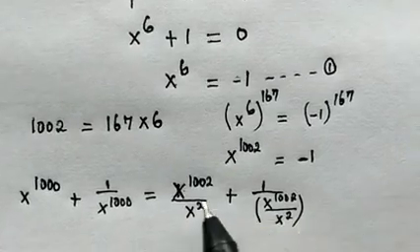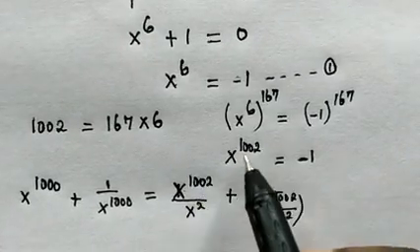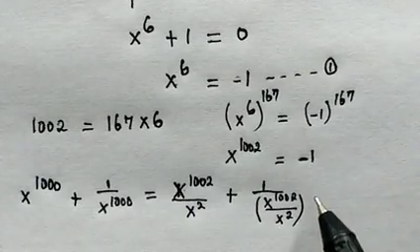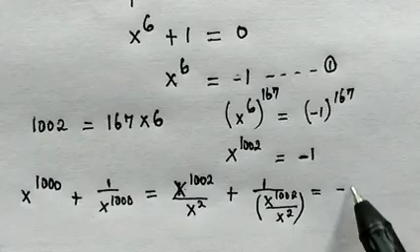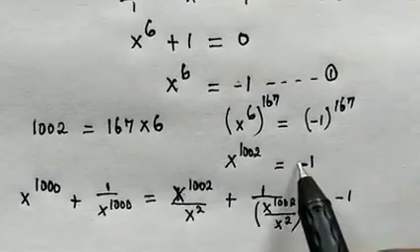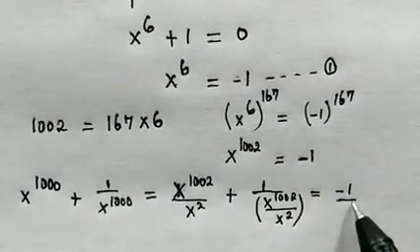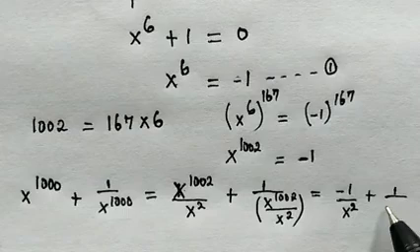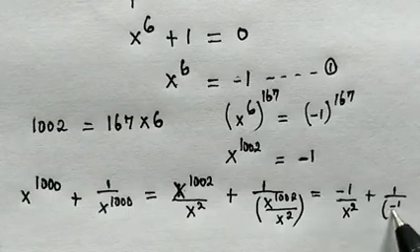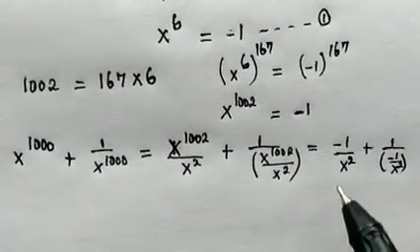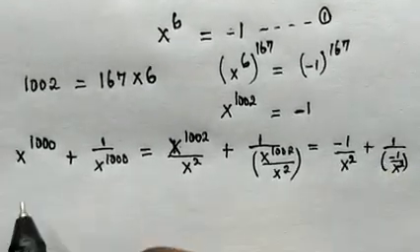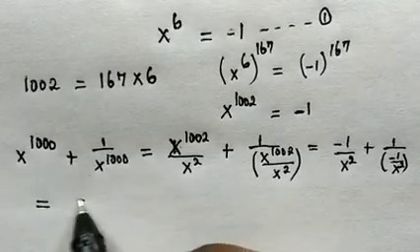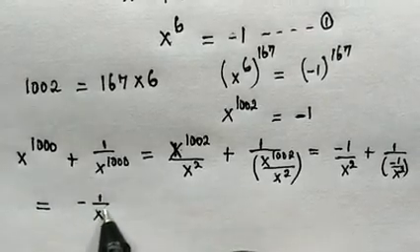Now we're going to substitute the value for x to the power of 1002. So that will give us -1 here, right? Because that is the value here, divided by x squared, plus 1 all over here, -1 divided by x squared. So from here we get this is equal to -1 all over x squared.